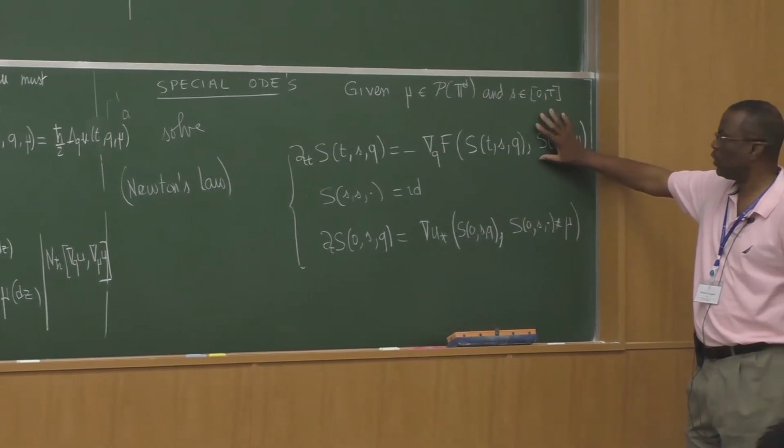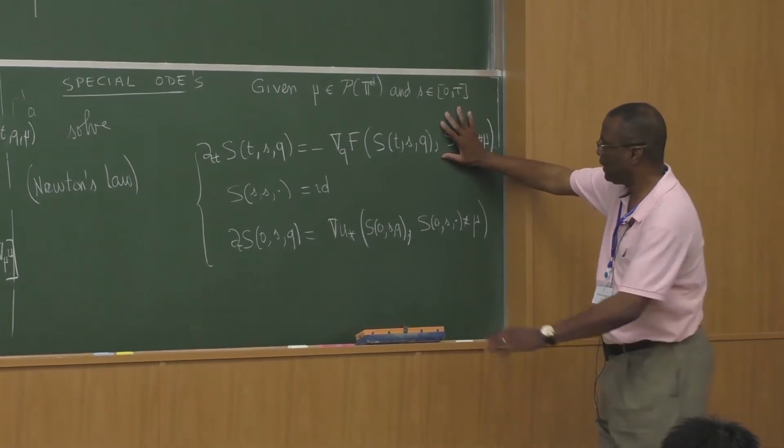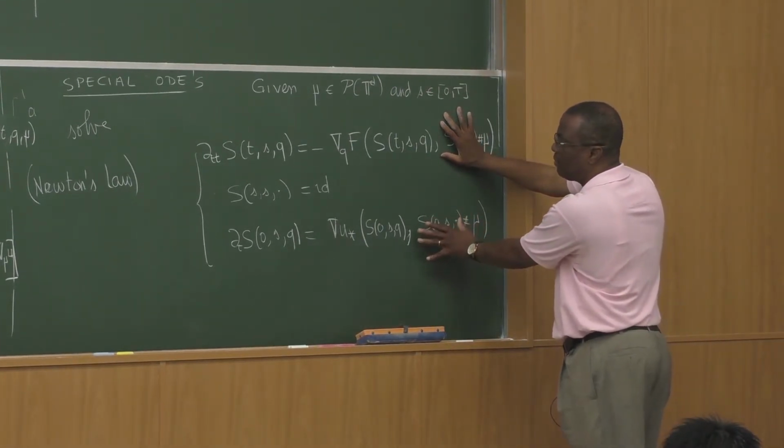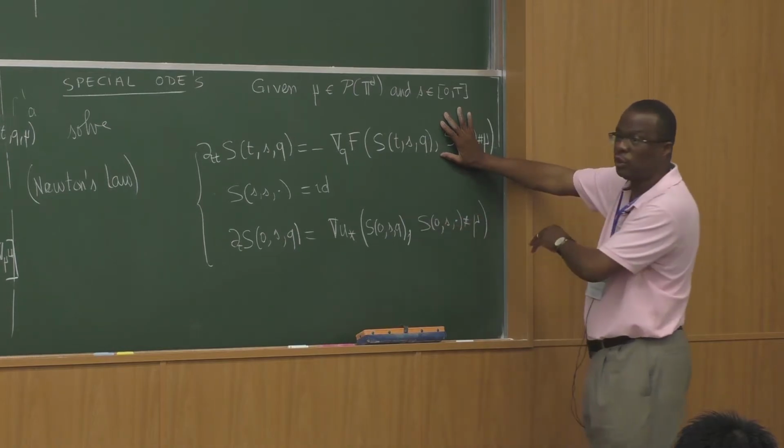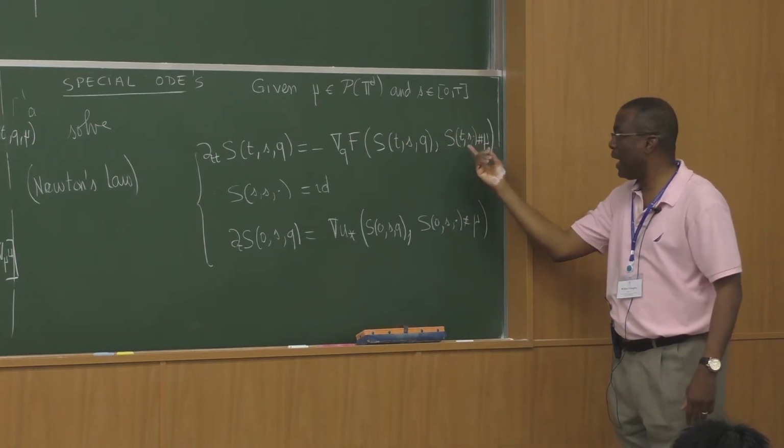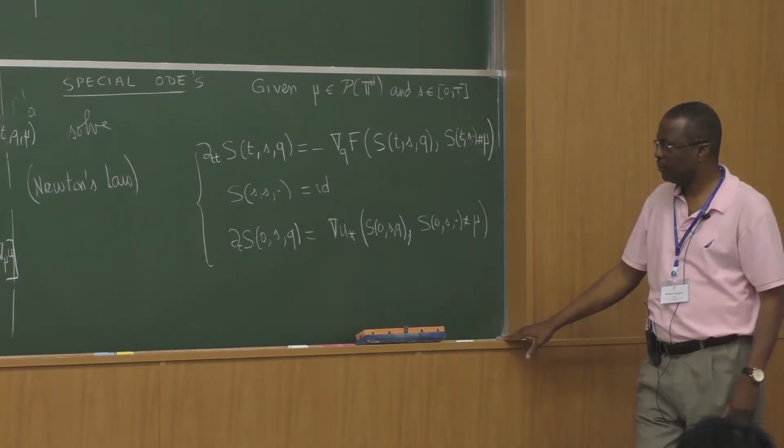So if this was not there, and that was not there, this is a familiar second-order differential equation.